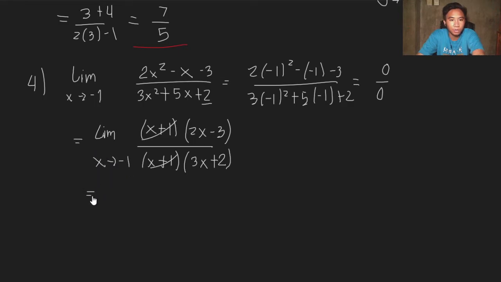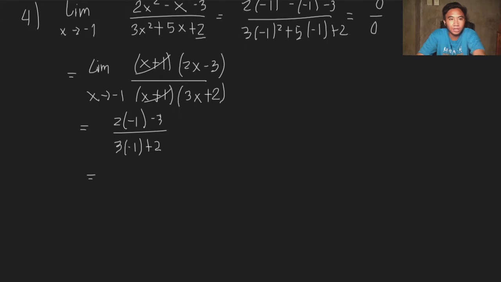So, our answer will be 2 times negative 1 minus 3 all over 3 times negative 1 plus 2. So, kapag may tanong kayo, pwede nyo namang i-comment, and I'll try to answer it.